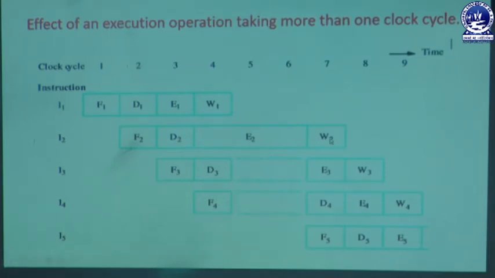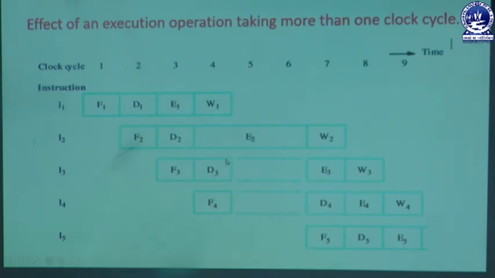But if the execution is completed in 1 clock cycle, then the write operation is performed in the 5th clock cycle. As I2 takes 3 clock cycles to execute, when I2 is in the execution stage in the fourth clock cycle, I3 is in the decode stage.